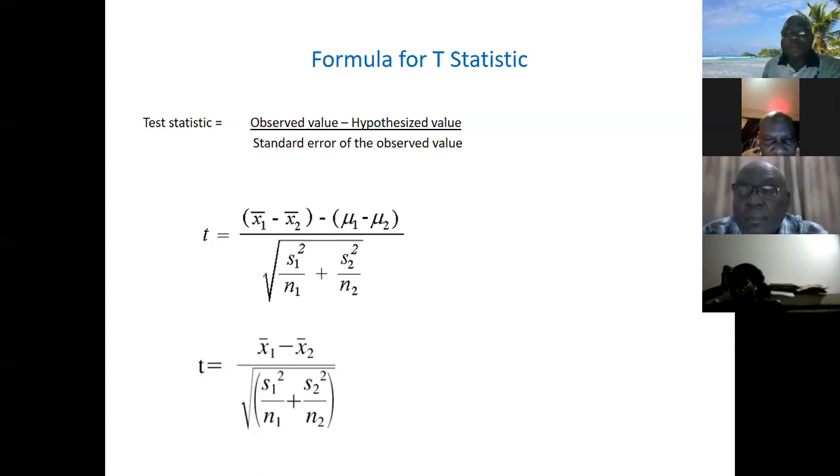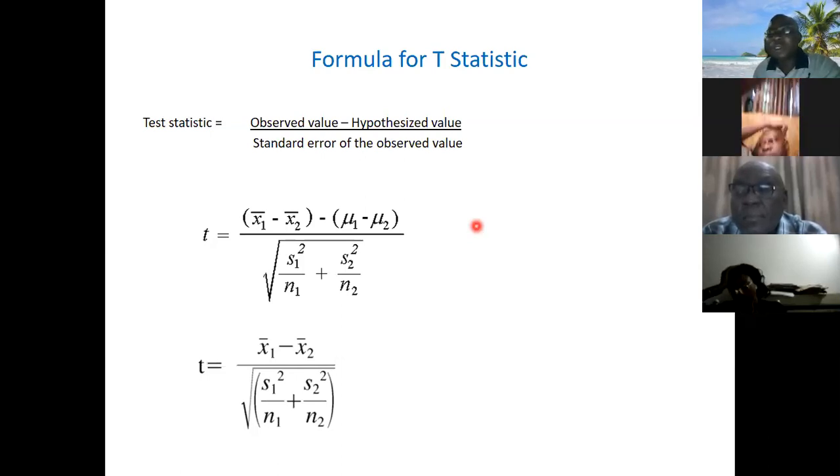I don't know if you understand now, because if care is not taken, what you are seeing as different may not be different. I've already told you ab initio, the example I used: the blood sugar among males is smaller than females. The average blood sugar for the female is 65, male 60.